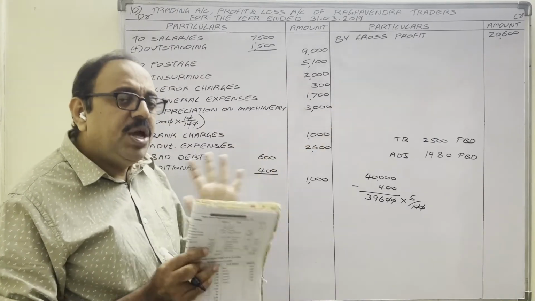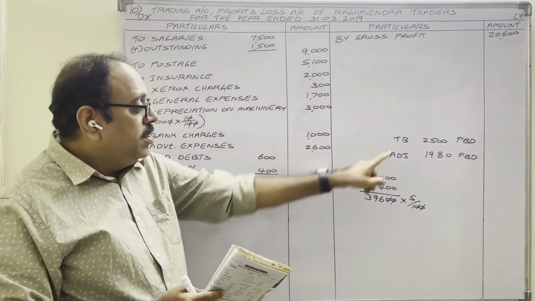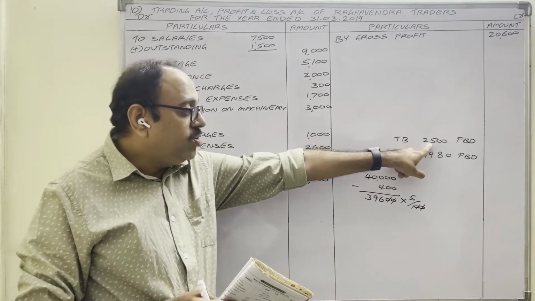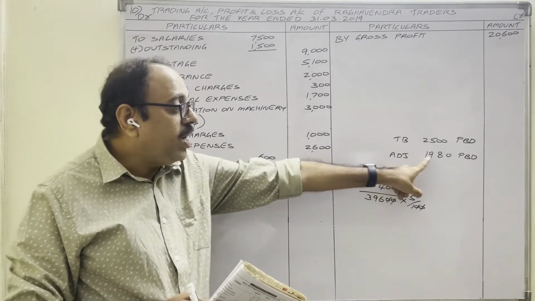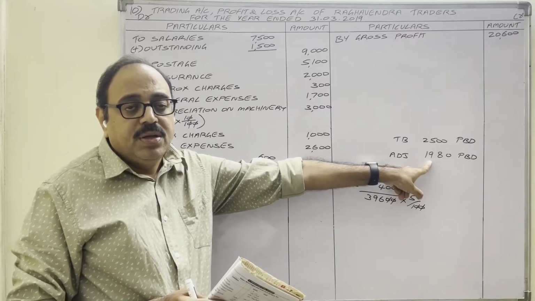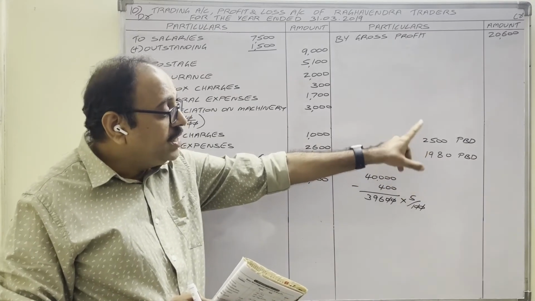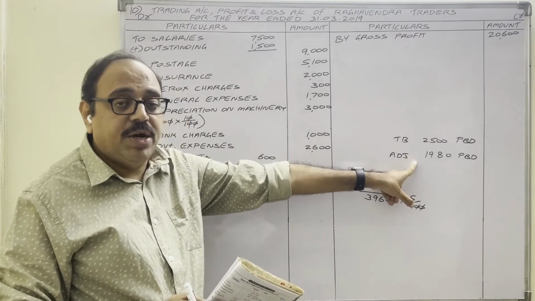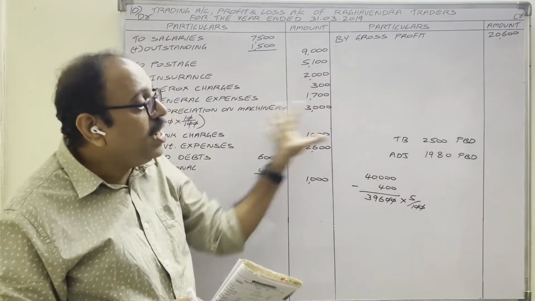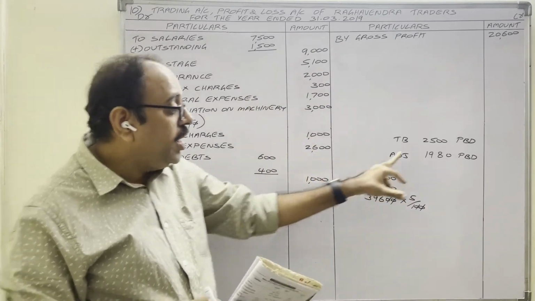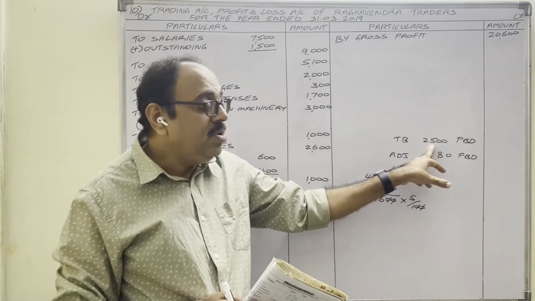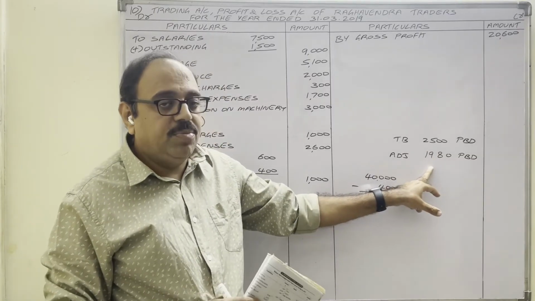Now 520 we want to add back to profit, means profit increases, means 520 we said we should write credit side. So simply how you should remember? Trial balance amount 2500, adjustment amount 1980. When provision for bad debt is given in trial balance and adjustment, then in profit and loss account, we should not write a trial balance amount, we should not write adjustment amount.